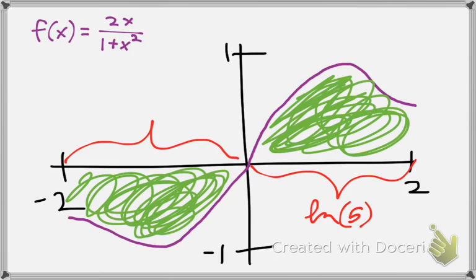This is also equal to ln of 5. That is the absolute value of that number. In actuality, this would be negative, and this would be positive. So when you add the two together, you will end up with 0 as your answer. Anyways, that's how you do those problems.